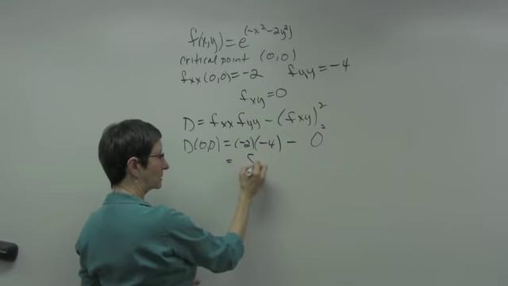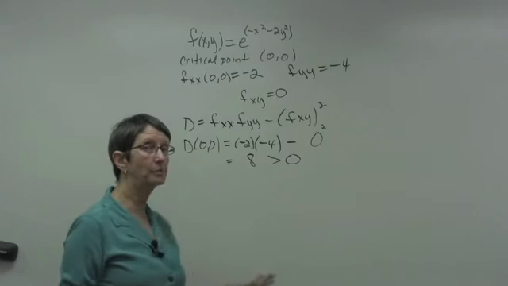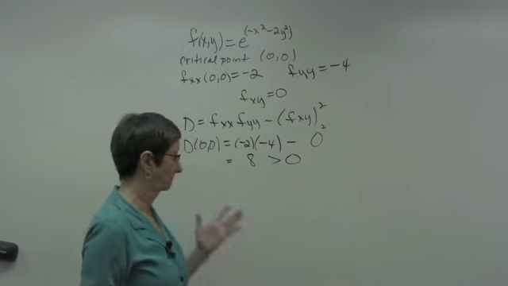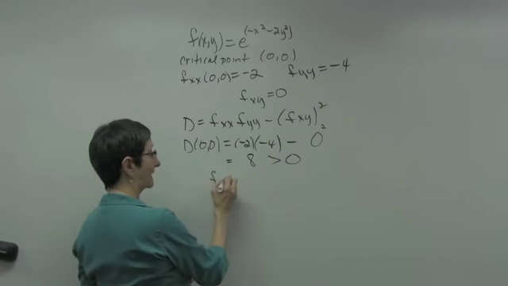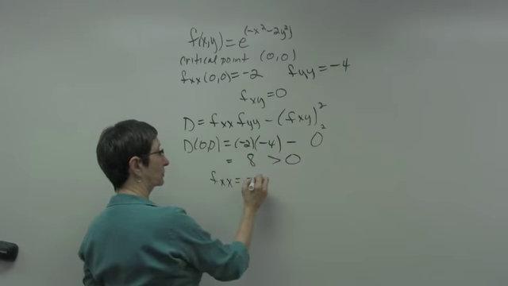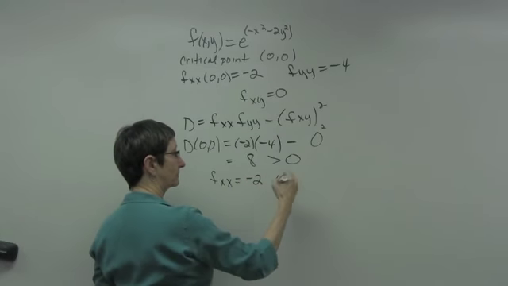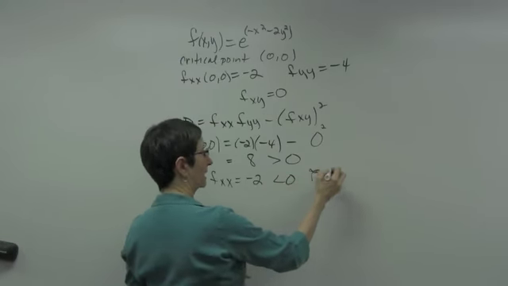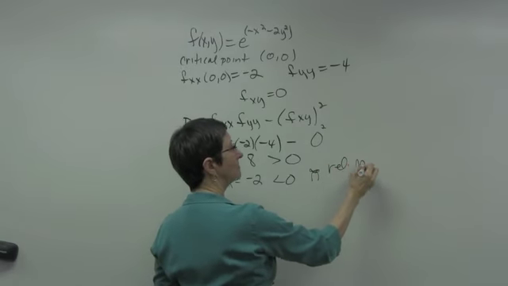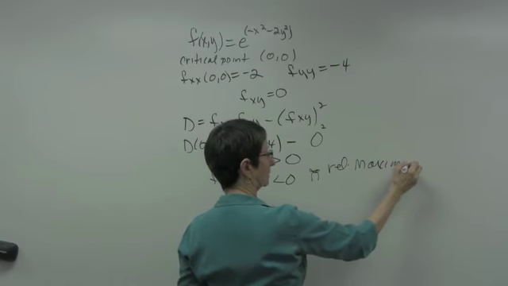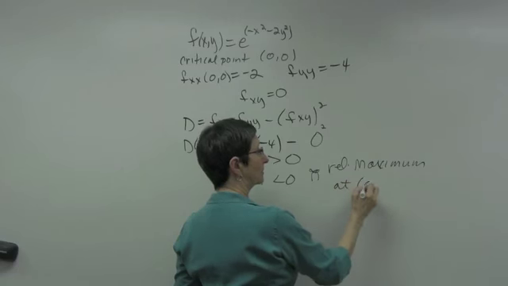This is 8, which is positive. If D is positive, I have a max or min. I look at fxx, which is negative 2, which is negative, concave down. What I have is a relative maximum at the point 0, 0.